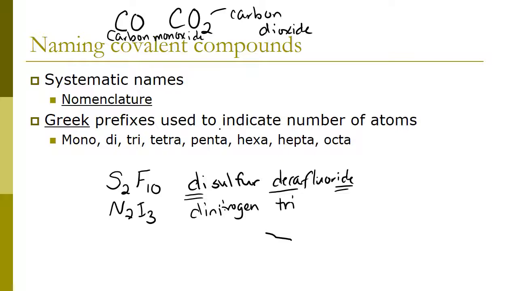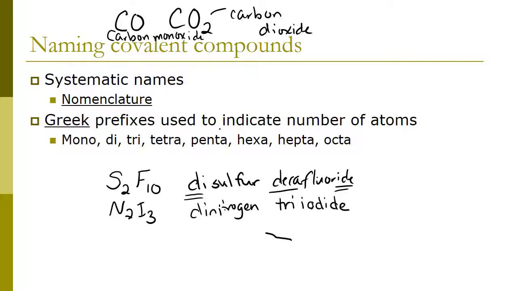Now, if you have 2 vowels that are side by side, sometimes they drop one of them, sometimes they don't. I'm not going to worry too much about that. I'm going to go ahead and put both of the I's. I can't remember if I'm supposed to or not, but it's okay. Dinitrogen triiodide. Ooh, that sounds kind of weird.